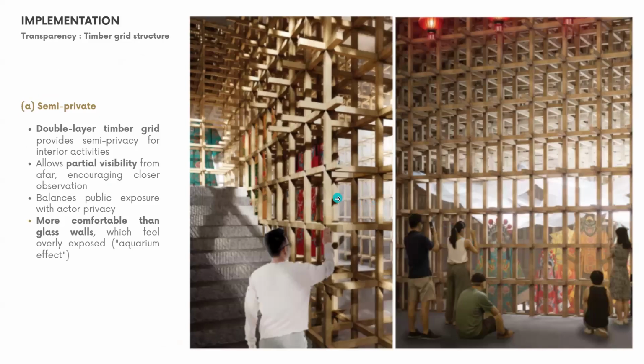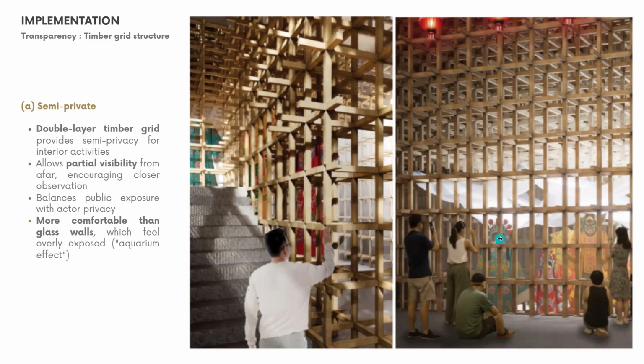We start off with the feature of semi-private. For this proposal, I layered two grid structures together to form a double layer timber grid that provides semi-privacy for interior activities. It allows partial visibility from afar, so you can only see the activities inside when you come closer, to encourage the public to observe the activities of the backstage up close.